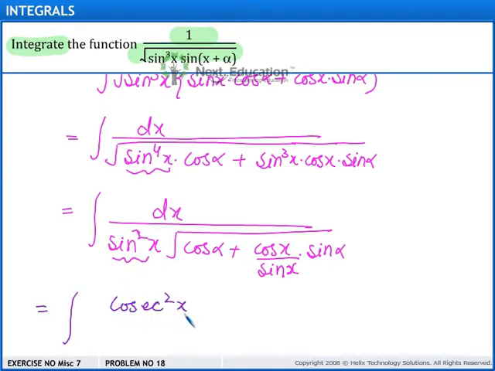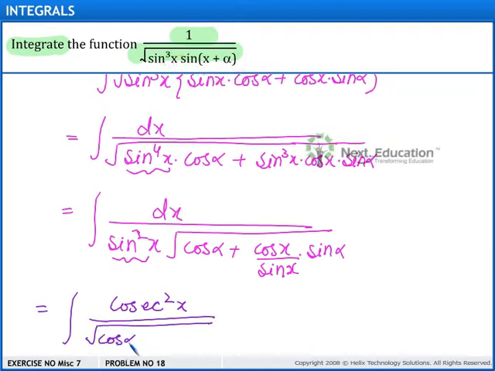So we have cosec square x divided by square root of cos alpha plus cot x into sine alpha into dx.